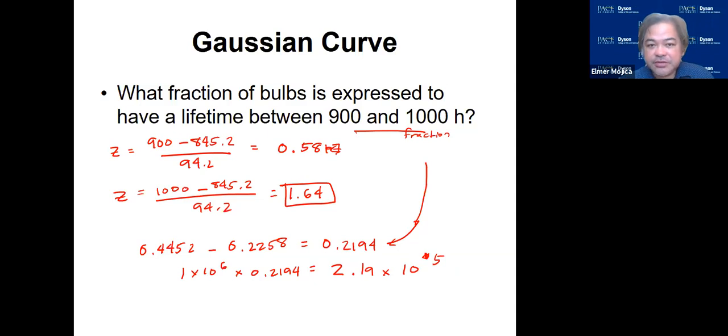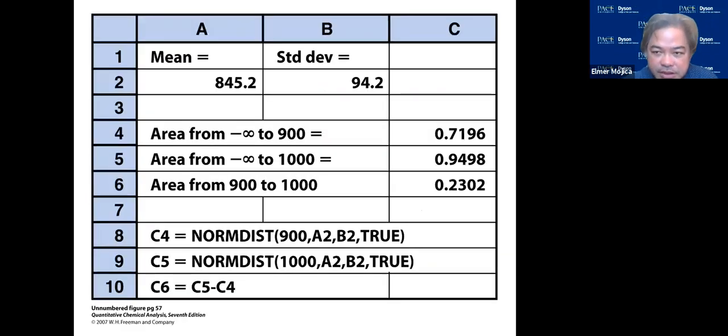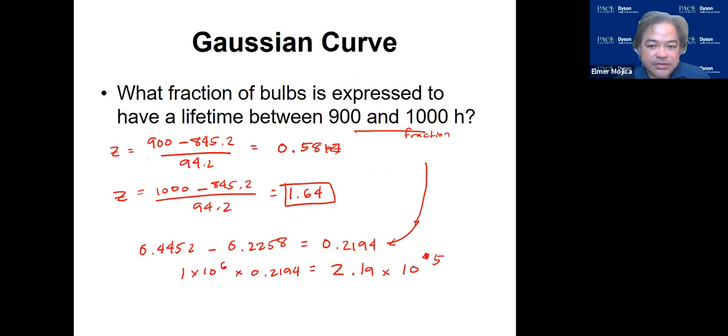Now there's a shortcut for this. Okay, you can do it using Excel. So the way that you're going to do it here, at least here, it will give you the exact value. So remember, we use a 0.6 and a 1.6, if I'm not mistaken, from the table that we have.